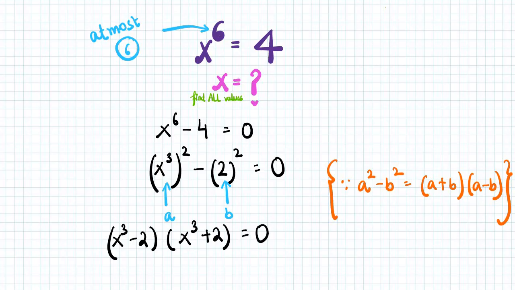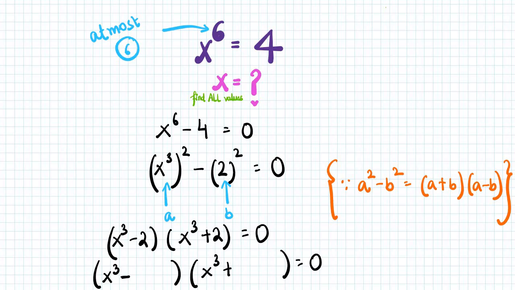Till here, I hope you understood. Let's continue now. Can I write this as x cubed minus something cubed, and x cubed plus something cubed, equals 0? Now I am trying to make a cube minus b cube and a cube plus b cube.